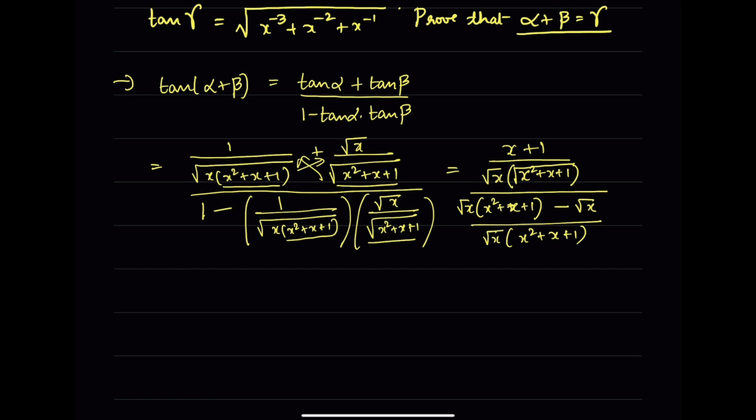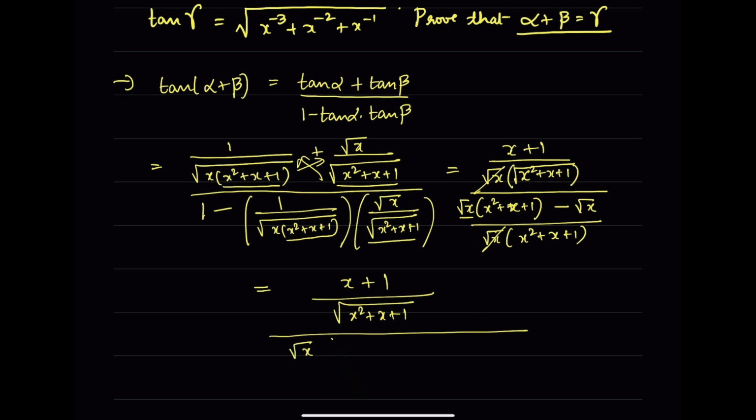Here we find that square root of x and square root of x can be cancelled out, and this will change to x plus 1 divided by square root of x squared plus x plus 1, and then this is divided by, let's consider square root of x common between these two terms.